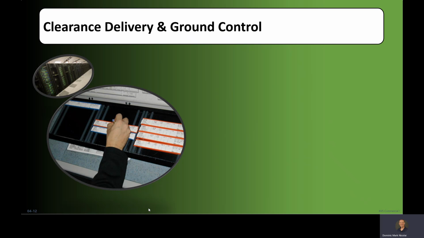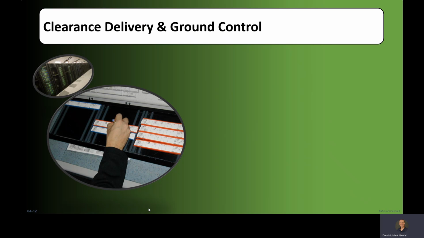So that's what our station pictured here is, the clearance delivery station. The information gets printed on a small strip of paper and inserted into a little plastic holder, and it just sits waiting for the pilot to call up clearance delivery, saying I'm ready for my IFR clearance to whatever destination. And so clearance delivery will just pick up that strip.